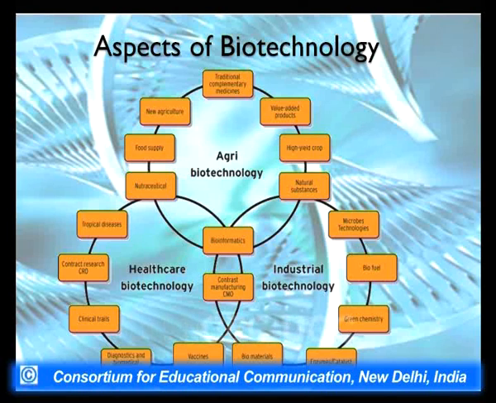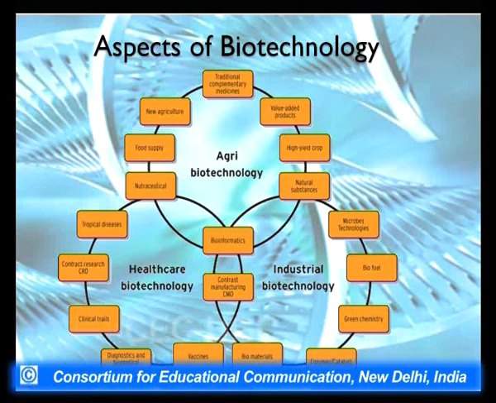Now, this particular slide shows the various aspects of biotechnology. If we consider only the three, the usefulness of biotechnology in agriculture, medicine or industry, we will see there has been tremendous application. Producing new crops, high yielding crops, natural substances, traditional complementary medicines, food supply, they all come under agri-biotechnology.